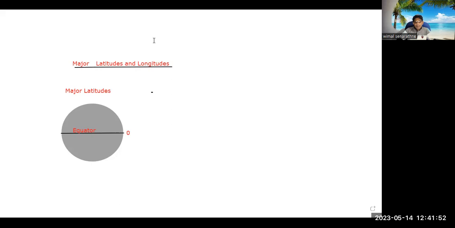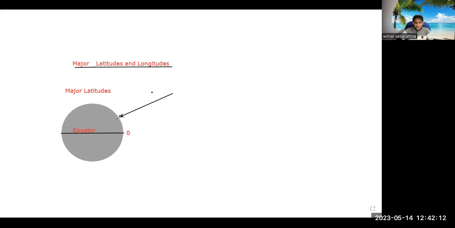Then another latitude is there. Now you must remember, this line equator divides the globe into two parts. What are the two parts? These are the two parts.